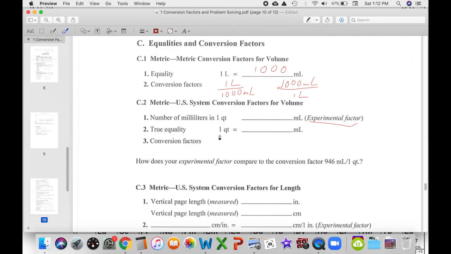Now for the true equality, you are getting this number from that table on page 3 of your pre-lab, where if you look it up, it says that 1 quart is 946 milliliters. Okay, and you would write those conversion factors again the same way. You would have 1 quart per 946 milliliters, or you could write that backwards: 946 milliliters for every 1 quart.